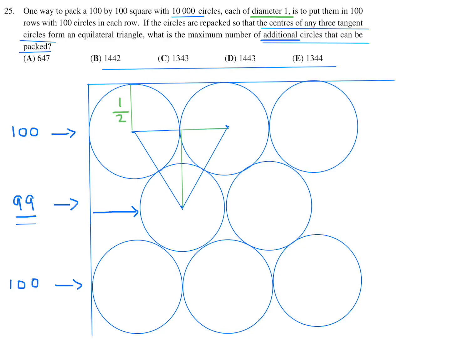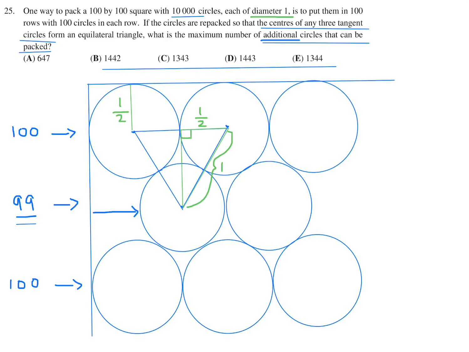That's just the radius, so that's 1/2. And we also know the length from here to here. Look at this carefully, that is 2 radii. One radius from here to here, and then another one from there to there. So that means that is equal to 1.